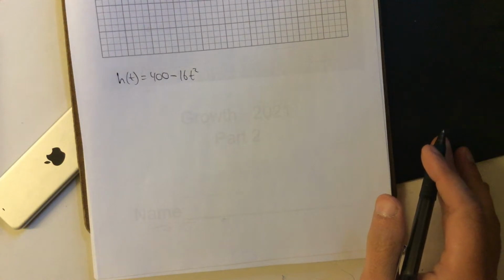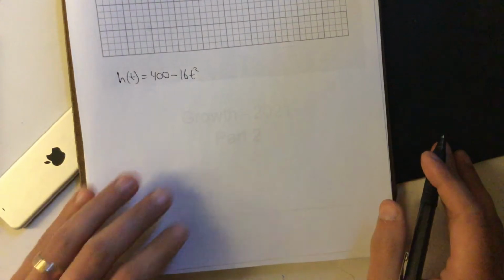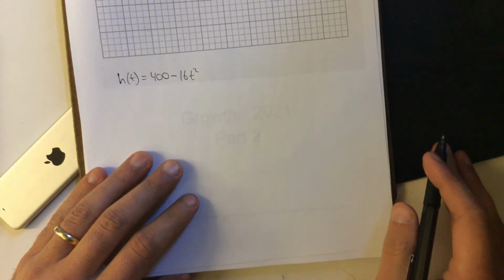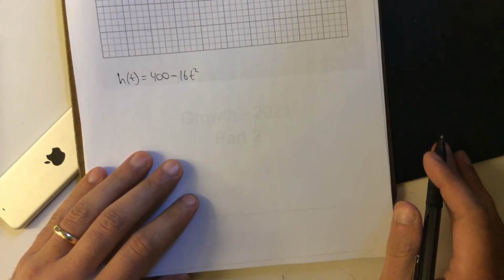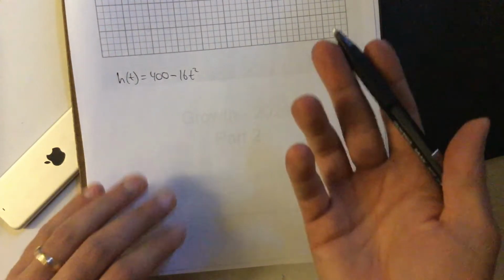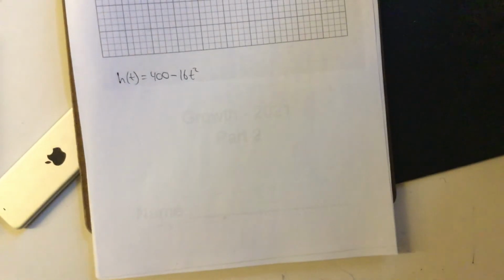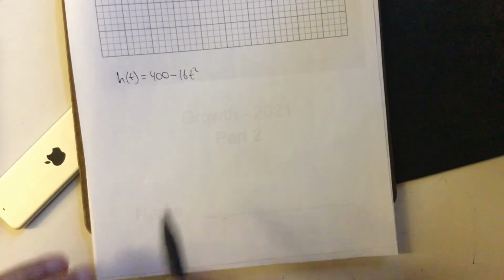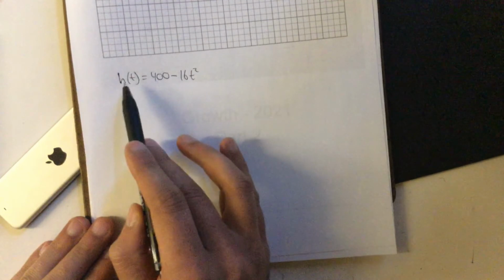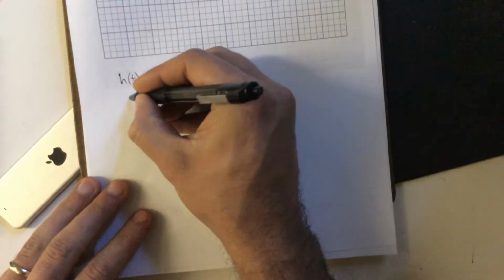Well, let's think about it. When it reaches the ground, what is the height going to be equal to? The height's going to be 0, right? It's going to be 0 feet off the ground once it's reached the ground. So I know we have this fancy function notation, which we usually don't touch. And we're just going to say, what if this height was actually equal to 0 feet?